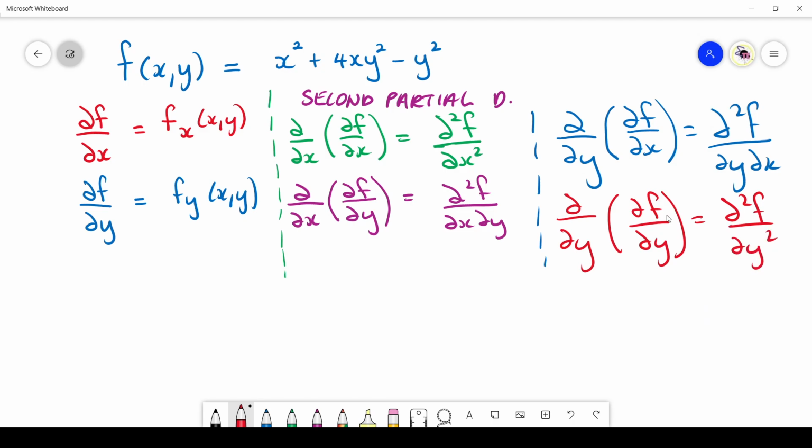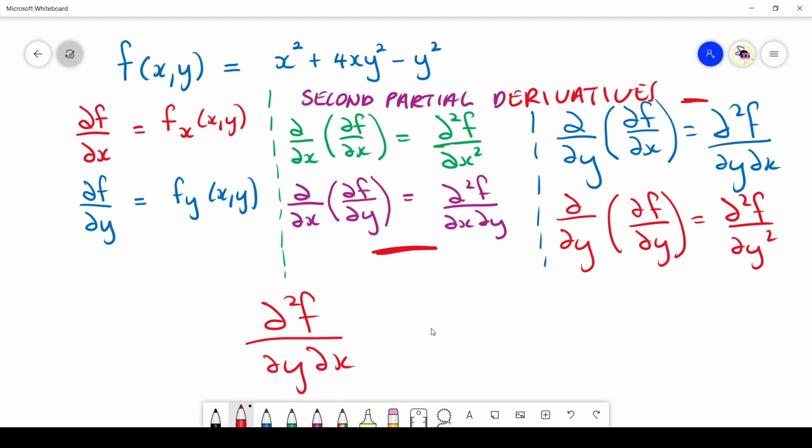So those are the four different types of second partial derivatives that you can actually be asked to find in exams. I just want to point out these two. They do look very similar: delta 2f delta y delta x, and delta 2f delta x delta y. These two types of partial derivatives are actually equal.